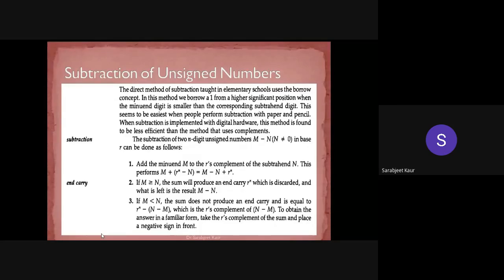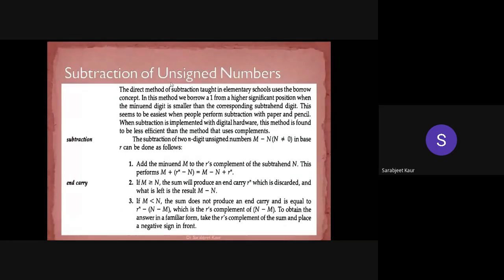Today the topic that we're going to focus on is the subtraction of unsigned numbers. We will also see after a while how to deal with signed numbers, that means how signed numbers are represented and how to do binary arithmetic using signed numbers.